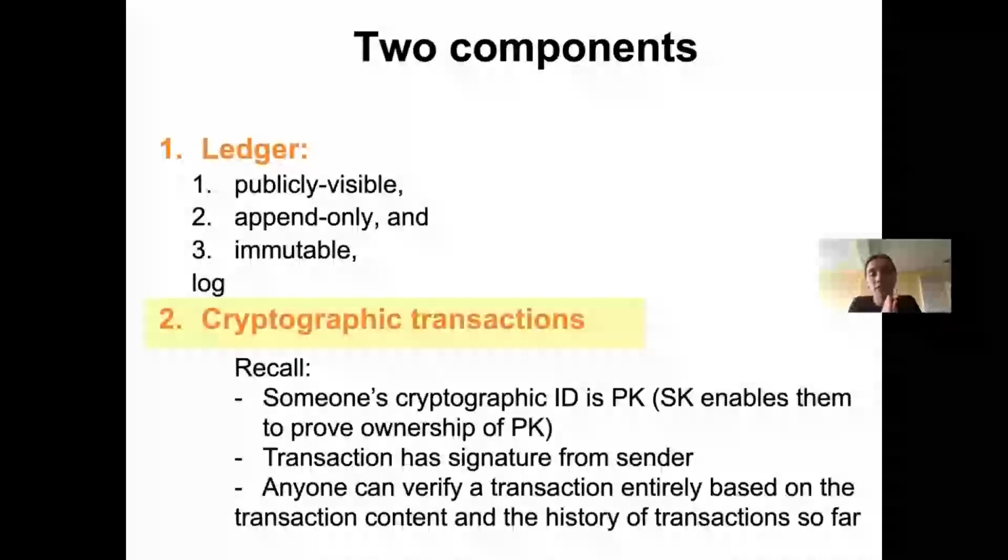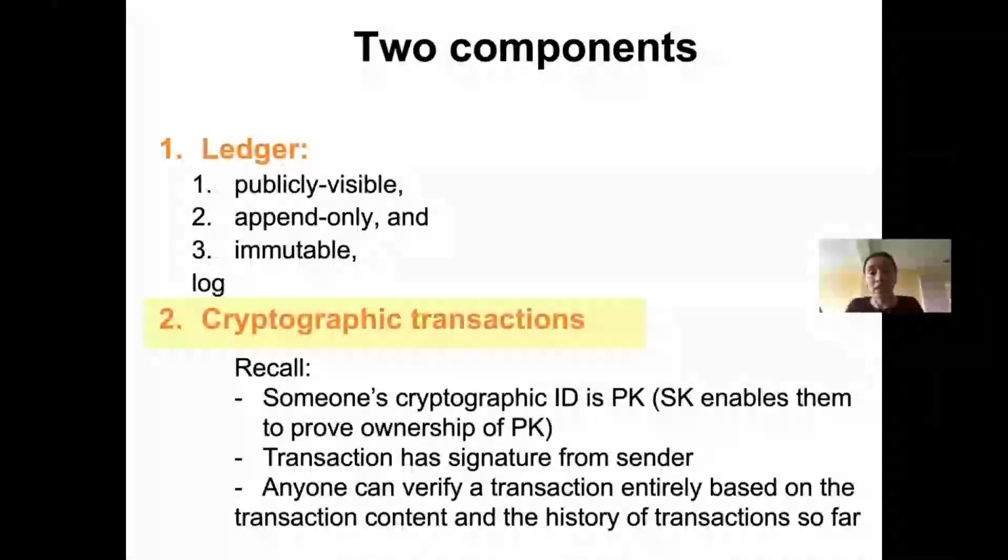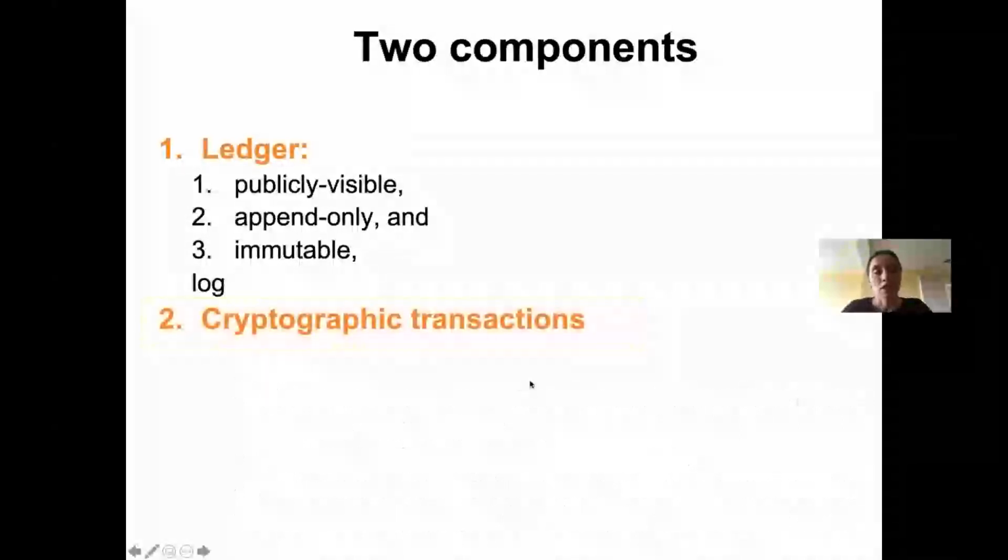So the point is that if you are given a chain of transactions, you can check them. Anybody in the world, given a chain of transactions, can verify if they're correct. Okay, so that was the building block we needed from that.